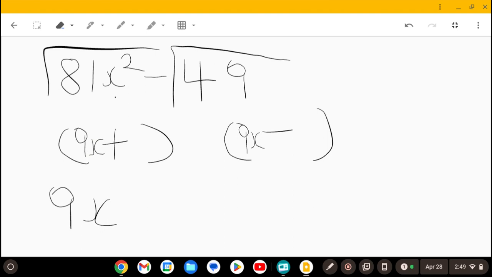We write 7 on the right side of the first bracket and 7 on the right side of the second bracket. So this would be our answer: 9x plus 7, and 9x minus 7. That's how you do difference of two squares.